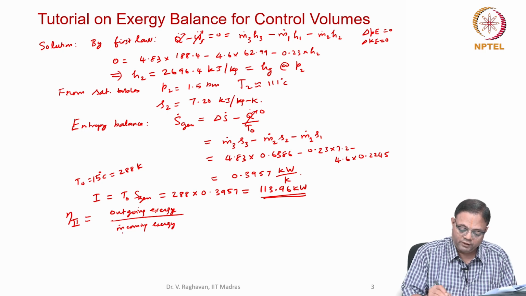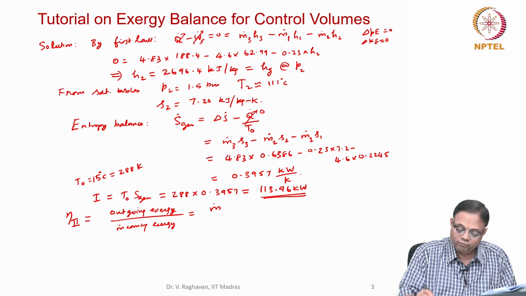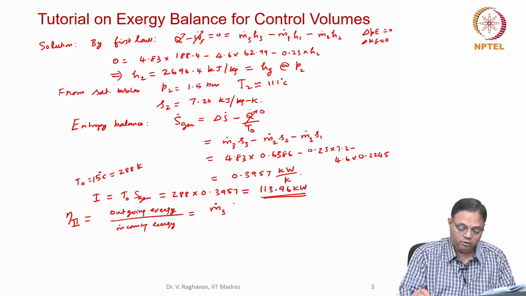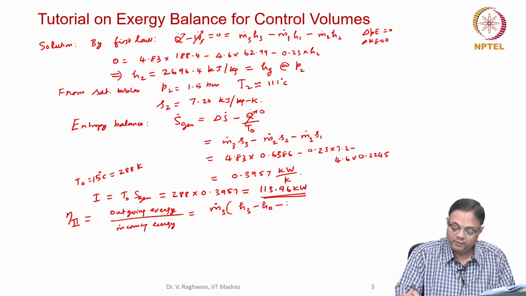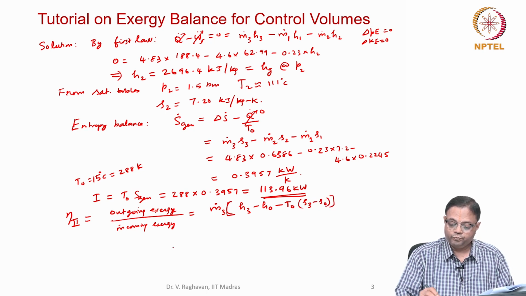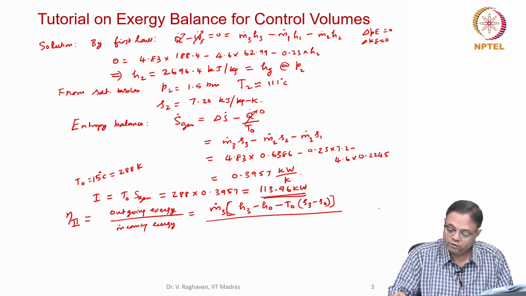So outgoing exergy, I will calculate. Outgoing exergy can be calculated as what is going out, m dot 3 into H3 minus H naught, the dead state enthalpy, minus T naught into S3 minus S naught. So that is the exergy divided by the incoming. Incoming exergy will be equal to the sum of the two streams.